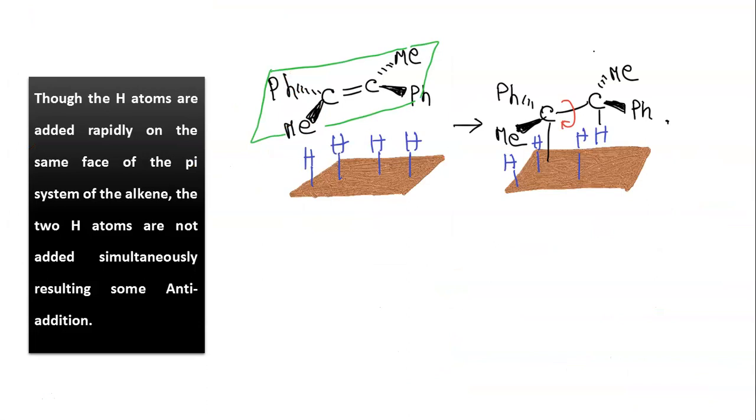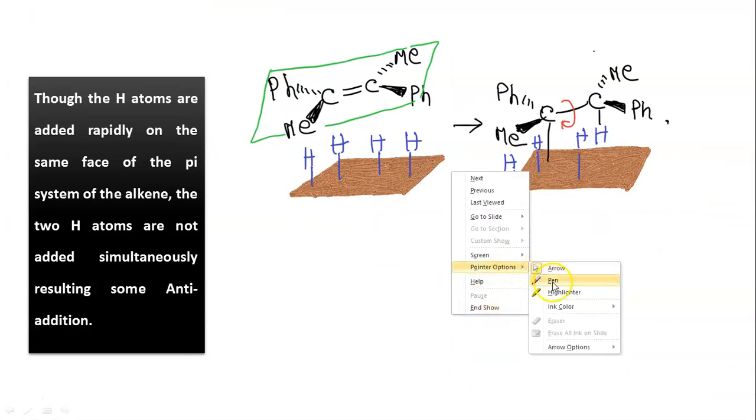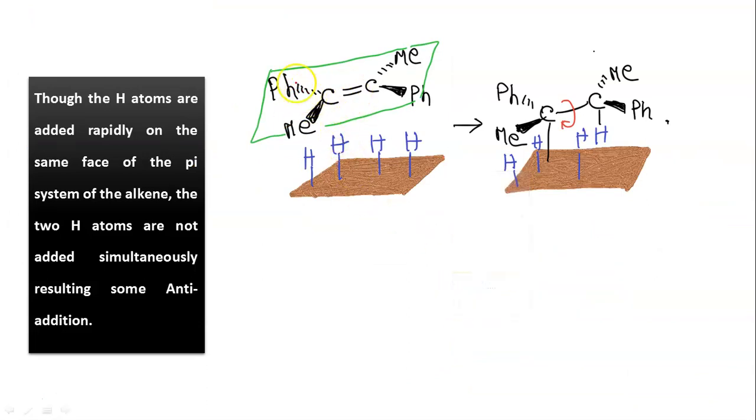Now how is it? Here we have taken again the trans compound. This is the trans alkene, right? Both the methyl groups are on the opposite side. These hydrogens are already adsorbed on the surface of the metal. This is the metal surface.